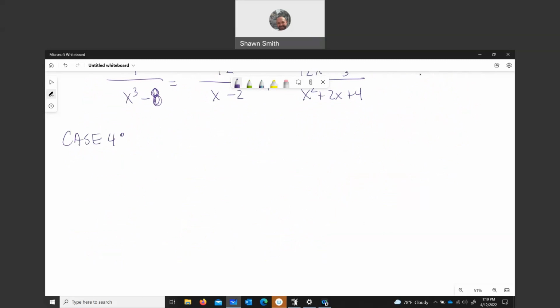You should be able to do case 4 now, almost on your own. Or at least get it set up. Q contains a repeated, irreducible quadratic factor.